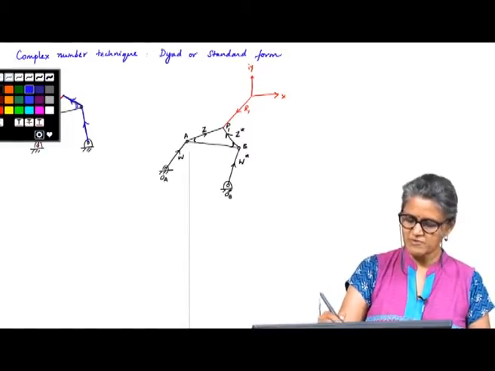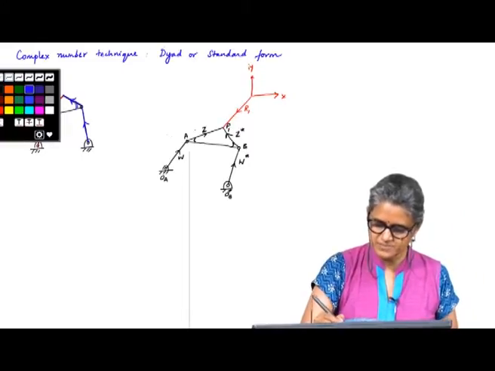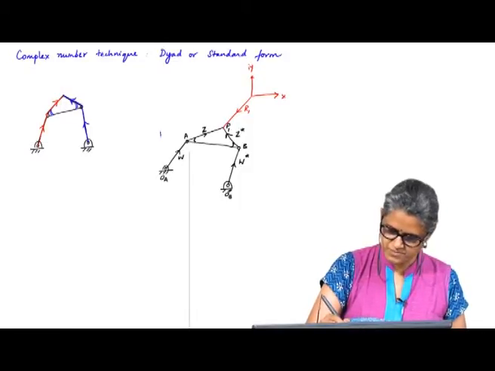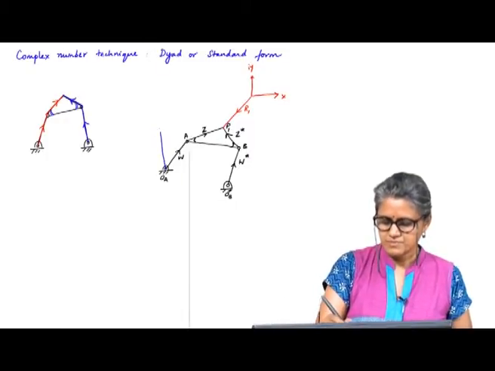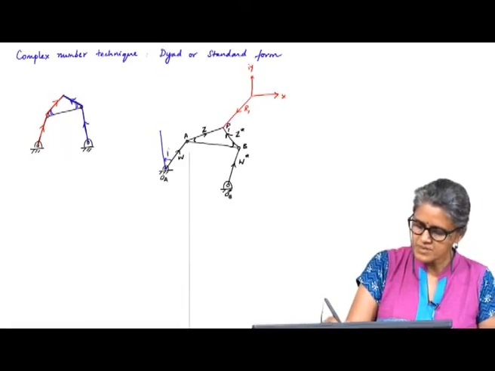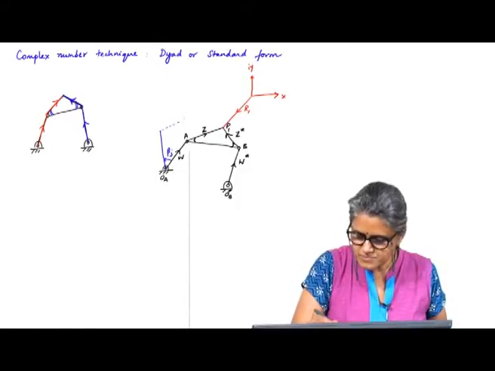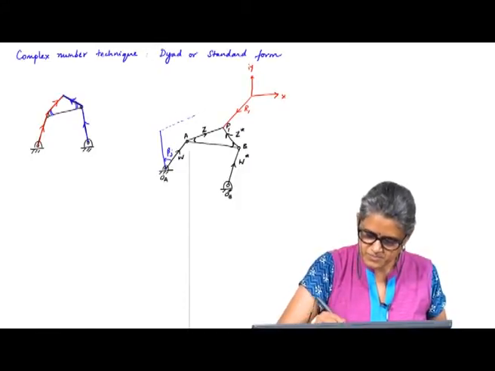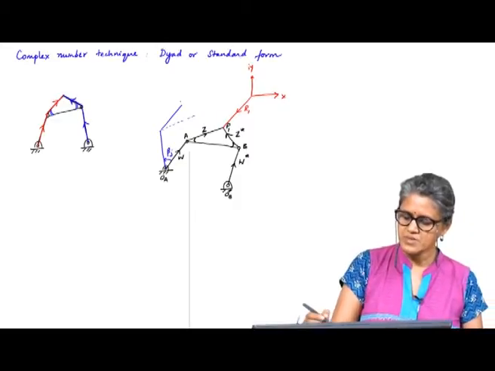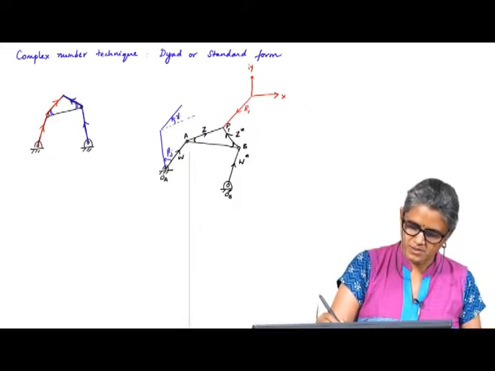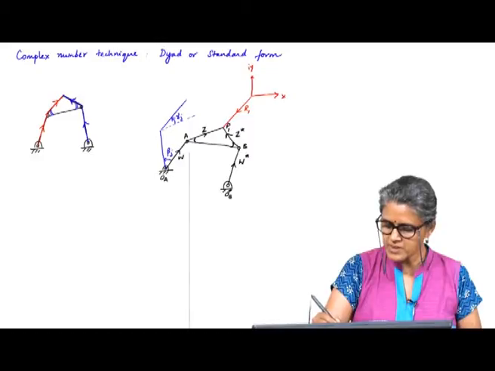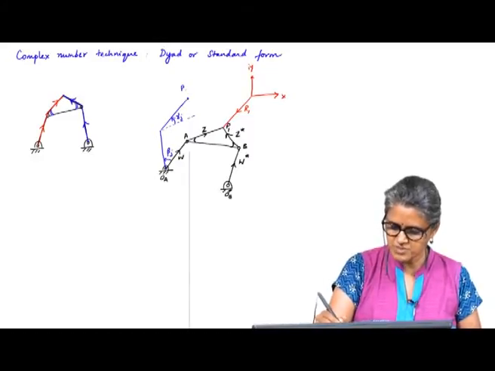I will just look at this diode first, and then I will say that this moves by an angle beta j, and the point P moves to this position P j.